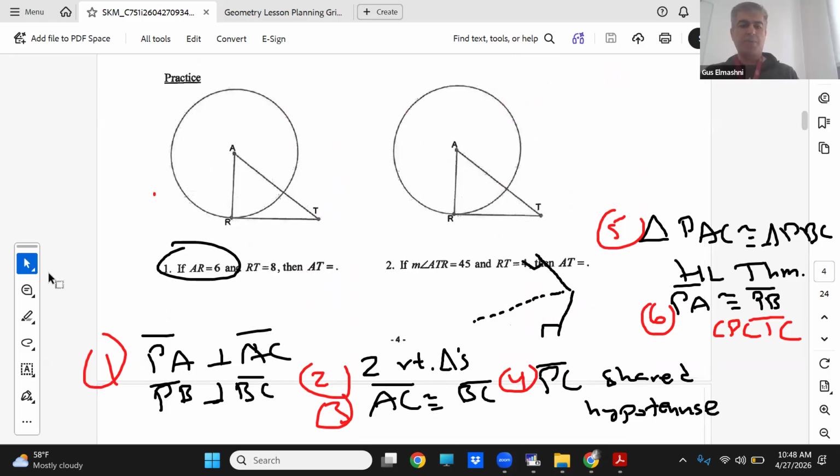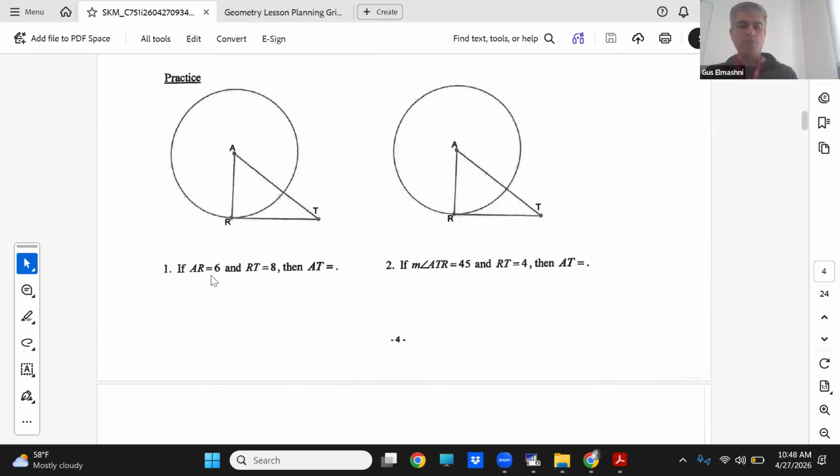So some of these problems should be pretty straightforward. AR is 6, RT is 8. Solve for AT. Here, angle ATR is 45 degrees, RT is 4. Solve for AT. So this should only take about a minute, maybe less.